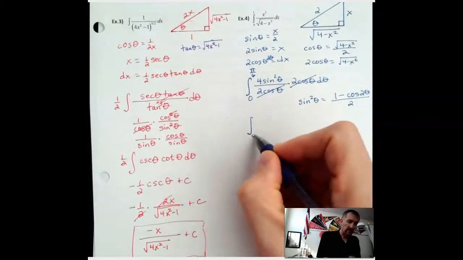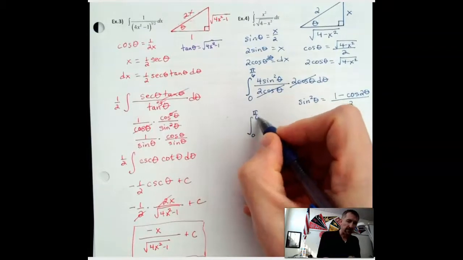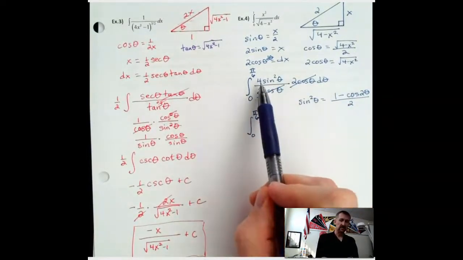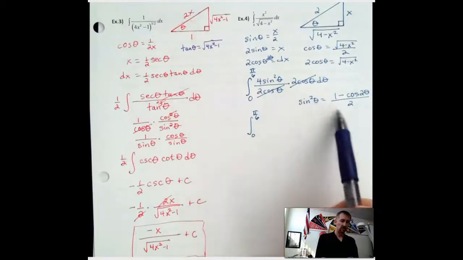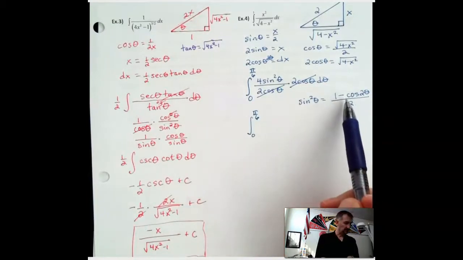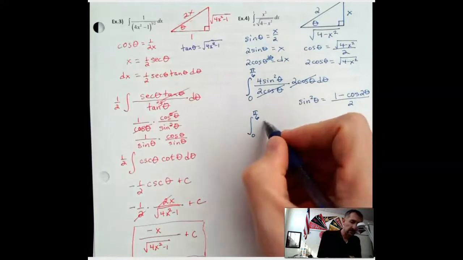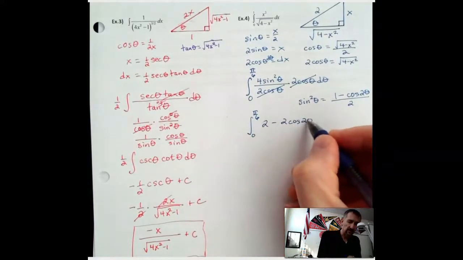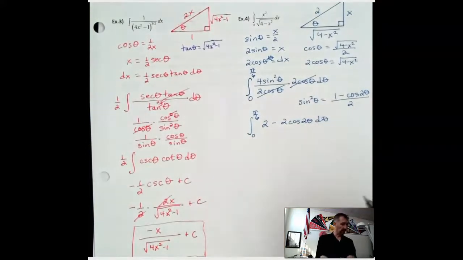So now if we place that in place of this, 4 times that would leave us 2. So we would have 2 times that. So that's going to be 2 minus 2 cosine 2 theta d theta, which should work out pretty nicely.